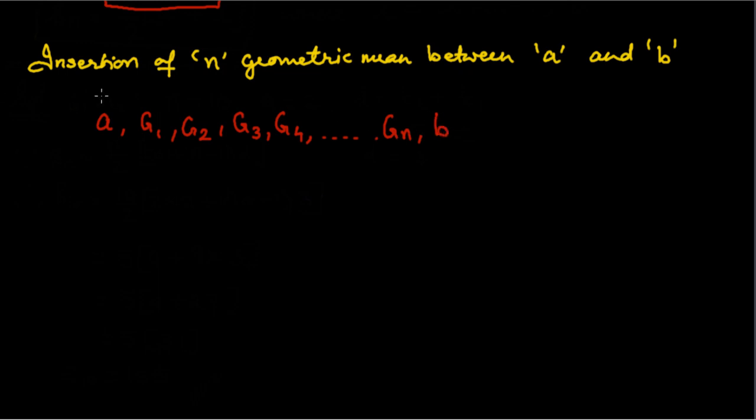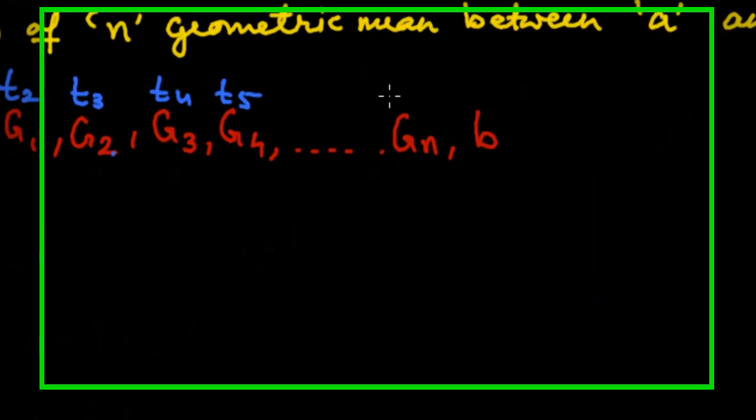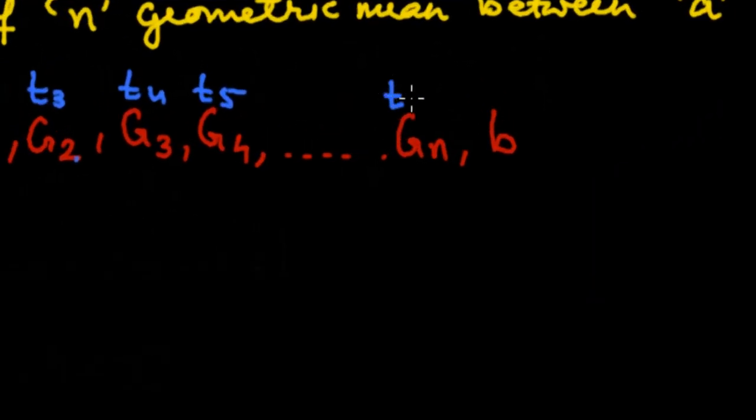Let us see, this is the first term T1, this one is T2, this one is T3, T4, T5, and so on. Here you see, G1 is T2, G2 is T3, and the value of T4 is G3. So the value of Gn would be T(n+1).